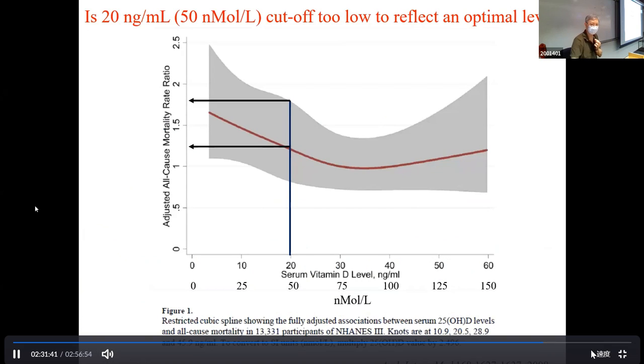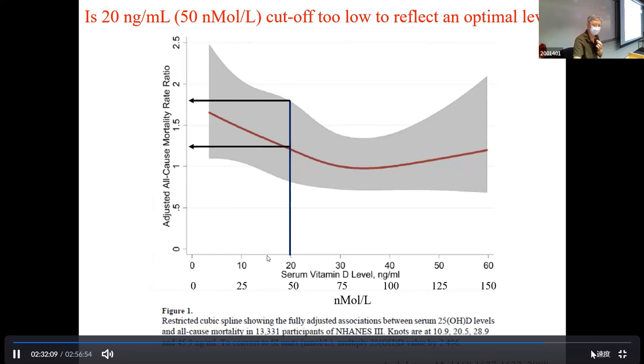Now, this is the relationship of vitamin D with all causes of mortality. 死亡率. Okay? So this is the mean. So this is the upper and lower 95 percentile. Now, if we use 20, okay, which is the current cutoff.